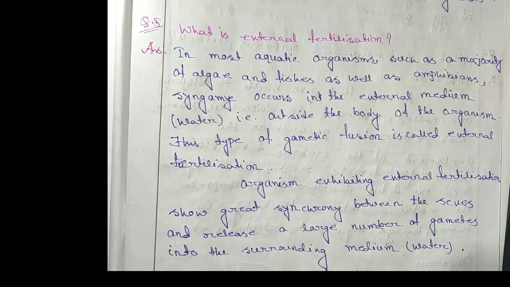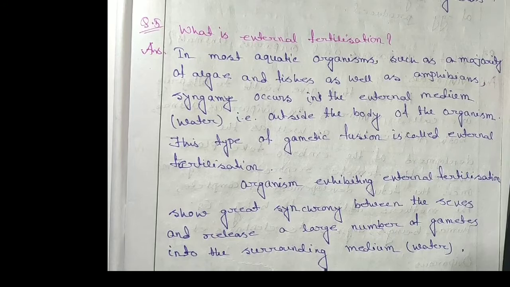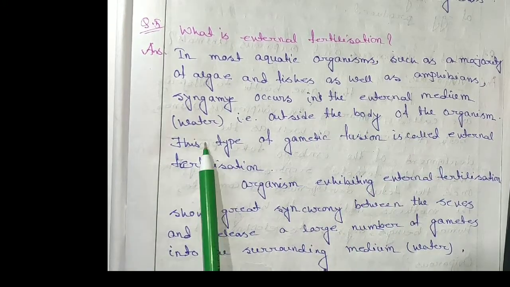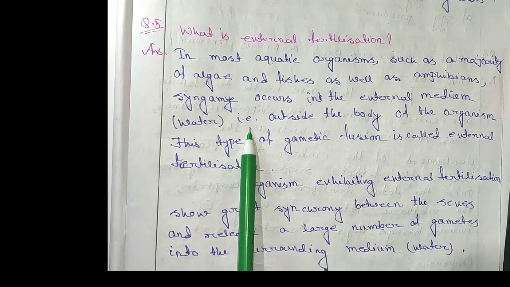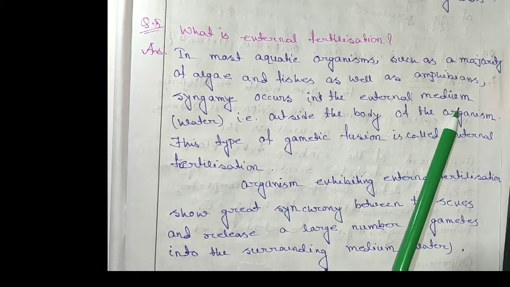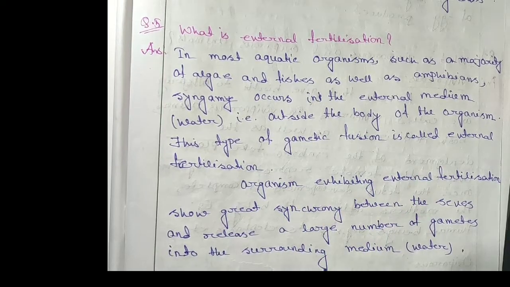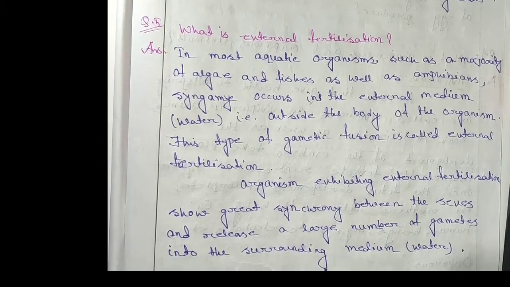Syngamy means fusion of two gametes, that is fusion of male gametes and female gametes, or the formation of the zygote. It occurs in the external medium, that is water, outside the body of the organisms. This type of gametic fusion is called external fertilization.